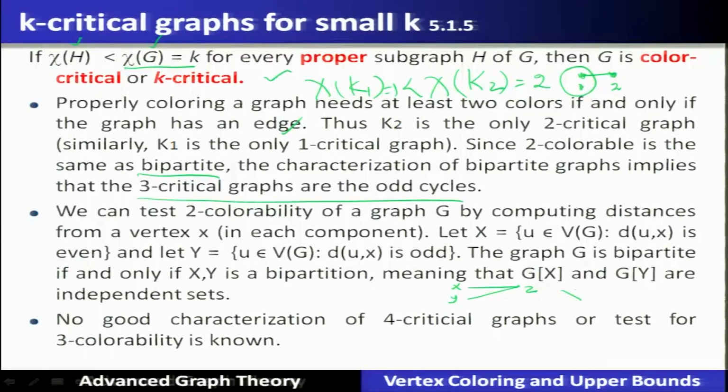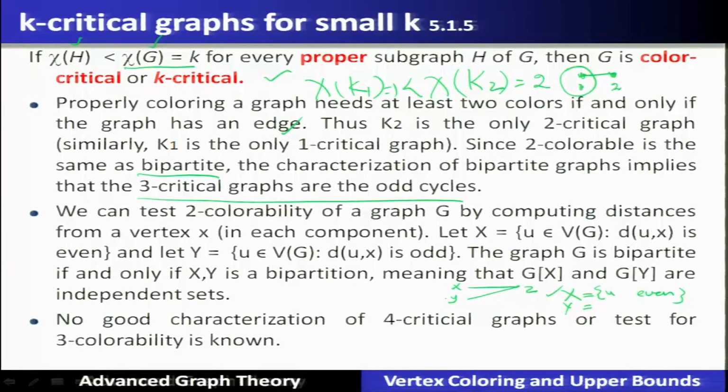So capital X and capital Y are two big sets which we have obtained, where the set of all vertices u whose distance from x is of even parity forms the X set.